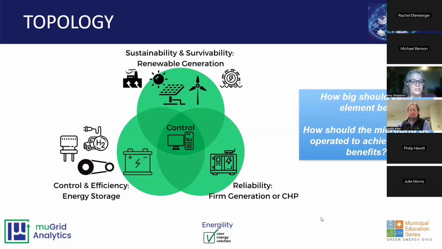And what energy storage does is it allows us to put non-dispatchable energy from renewable sources that just comes when it comes, and it allows us to put it at the time and in the place that we want it. So it offers us an element of control.